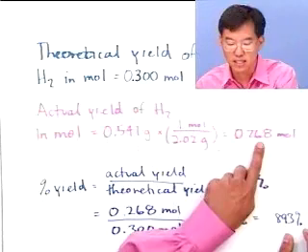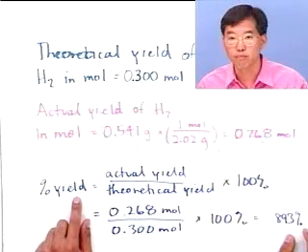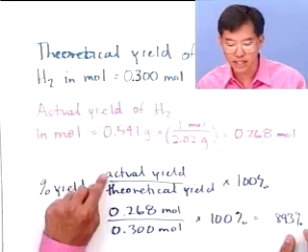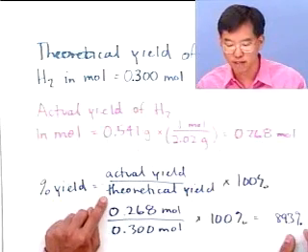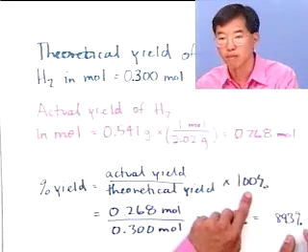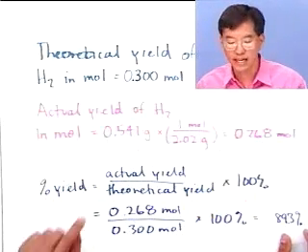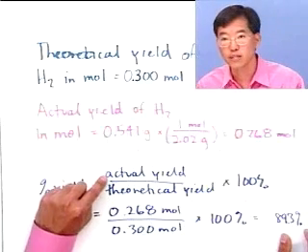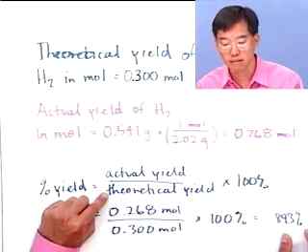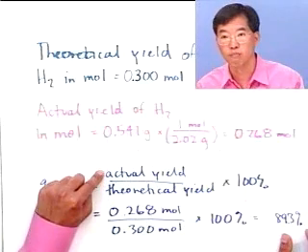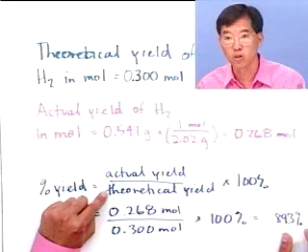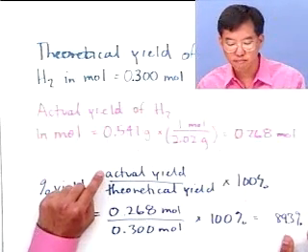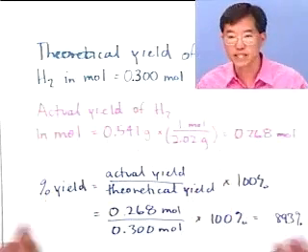And now we can calculate percent yield, which is the actual yield divided by the theoretical yield multiplied by 100%. And you'll recall that I said that you could express the actual yield in grams and the theoretical yield in grams, or you could express the actual yield in moles and the theoretical yield in moles. On the previous problem, we expressed everything in grams.